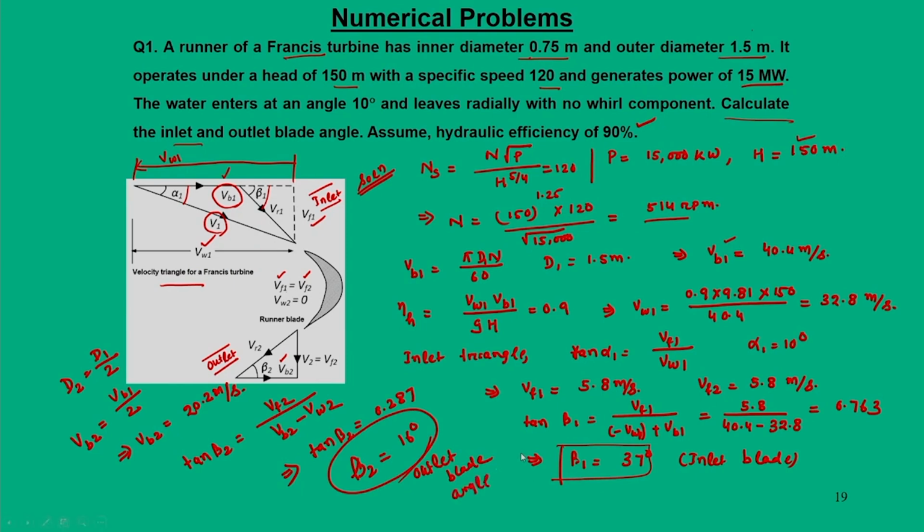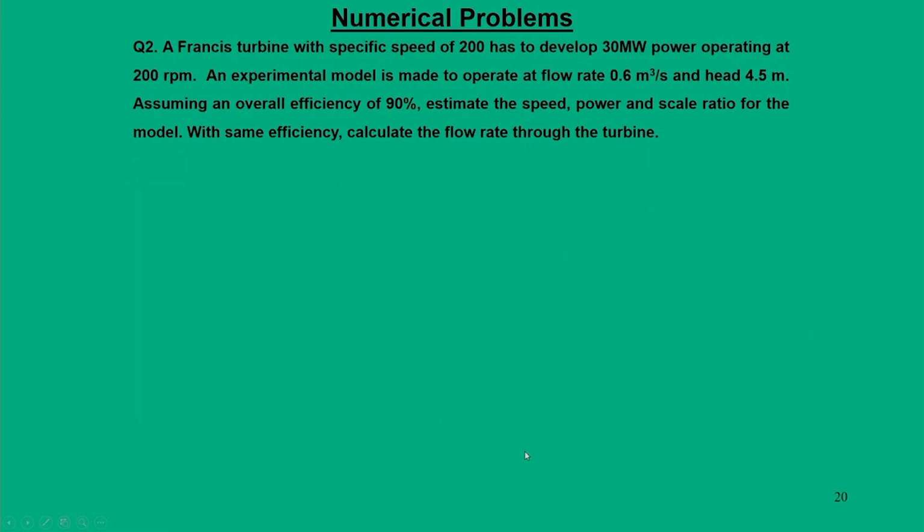Okay. So, this is the first problem, and the second problem is based on the specific speeds. So, we have a model and we have a prototype. So, the parameters associated, for model we write power Pm, Pp, head Hm, Hp, diameter Dm, Dp, speed Nm, Np.